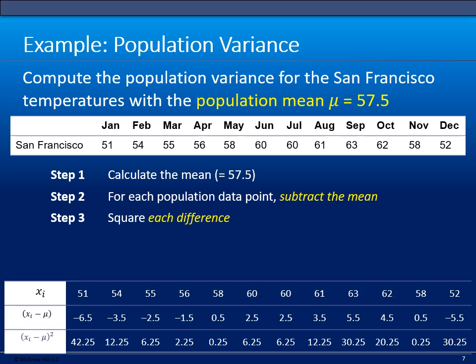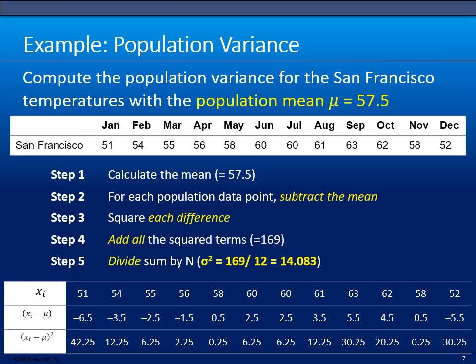So we have 51 minus 57.5 gives us negative 6.5. When we square that, we get 42.5. We go through and do that for each of these values, take the difference between the data point and the mean, then square that difference, and then we're going to add all of those up, basically adding up the bottom row here, and we get 169.